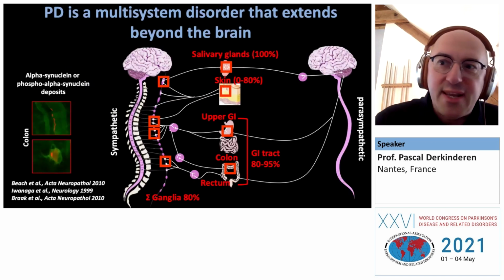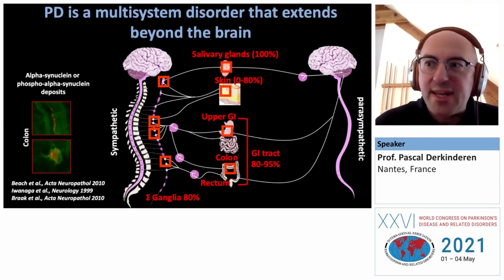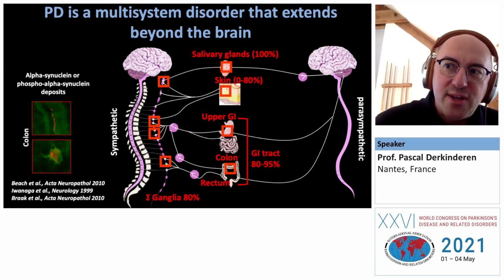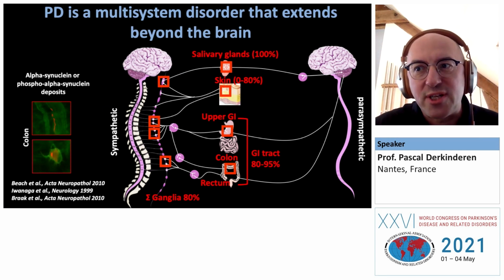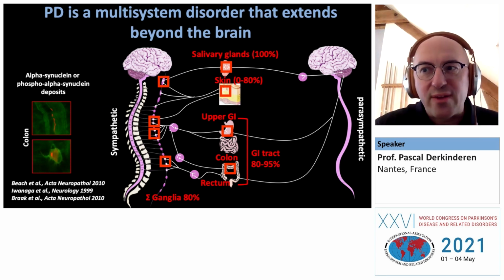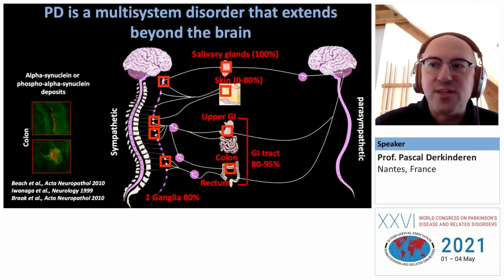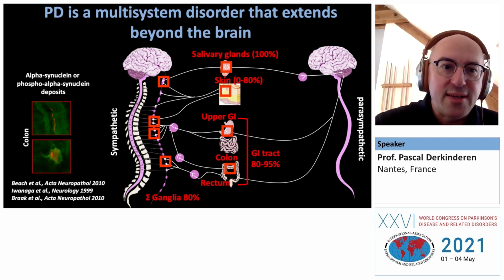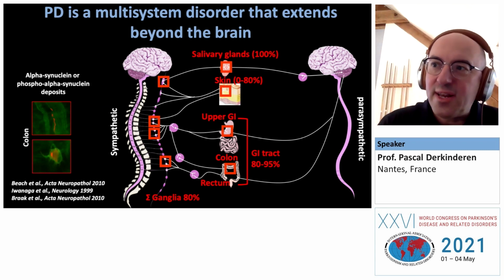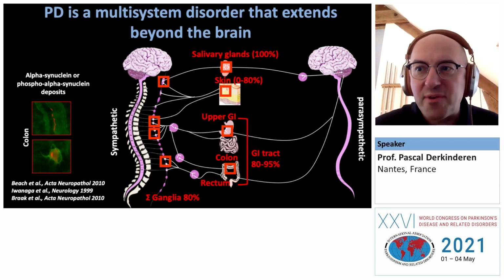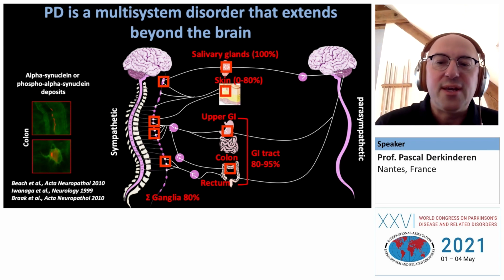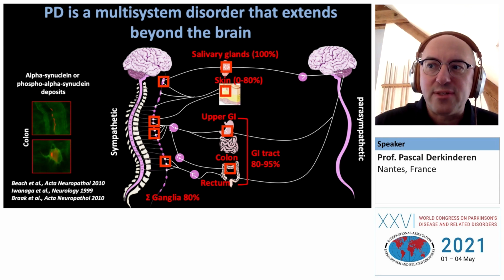Using alpha-synuclein and phospho-alpha-synuclein immunostaining, it has now been clearly shown that the presence of Parkinson's disease pathology is more frequent and more widespread than initially realized. Alpha-synuclein and phospho-alpha-synuclein histopathology are found in the peripheral autonomic networks in a large proportion of PD patients.